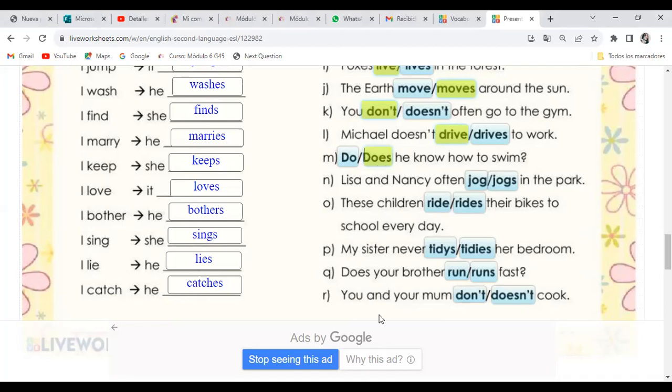Ajá, alguien me lo contestó. Bueno, pero como estamos hablando de dos personas, el verbo no se altera, chicos, ¿sí? Solamente se le pone la S cuando estamos hablando de él, de ella o de eso, pero en este caso estamos hablando de dos personas.